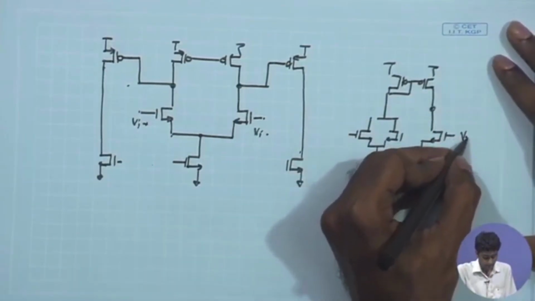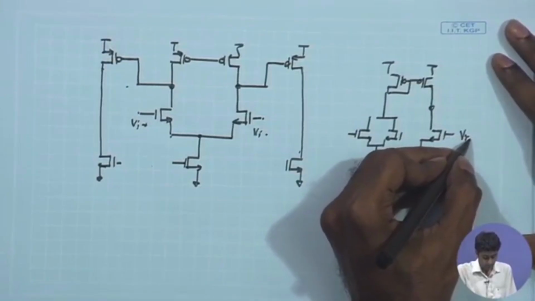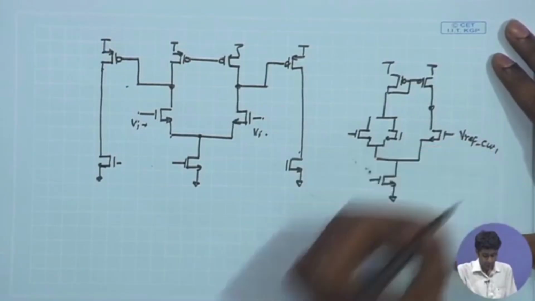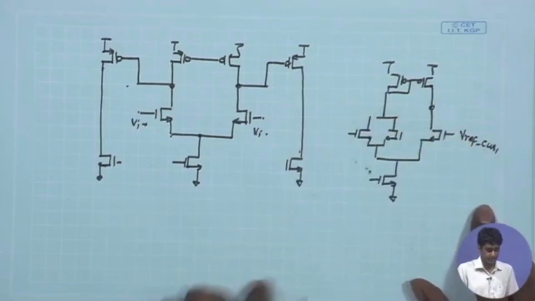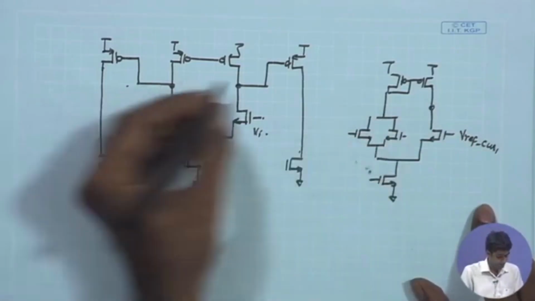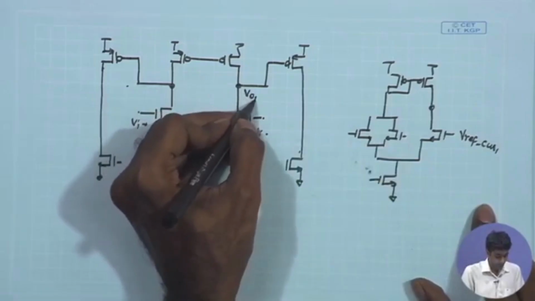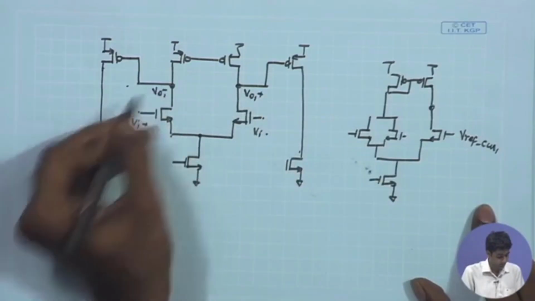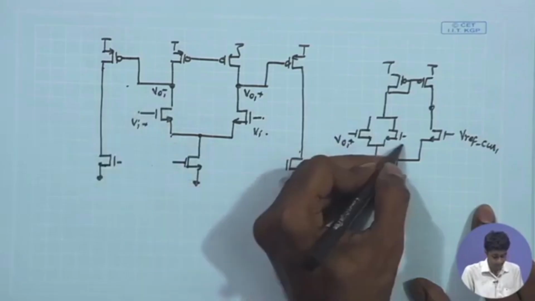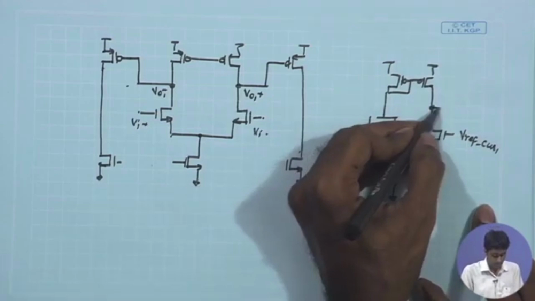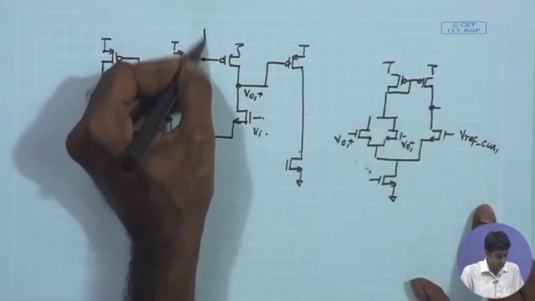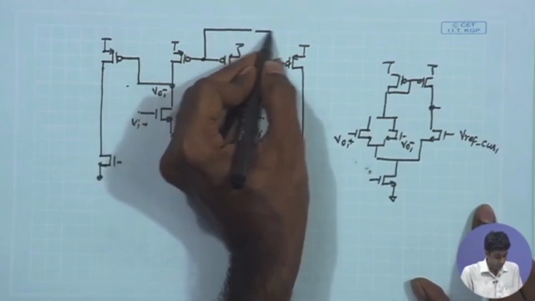You have the Vref CM1, which is basically the common mode reference level for the first stage, coming over here. If I call these VO1 plus and VO1 minus, I can put them over here, and the output of the error amplifier goes to our PMOS load of the first stage.